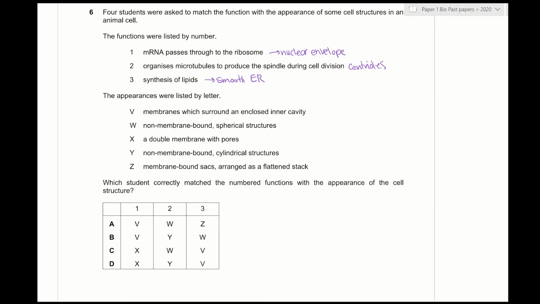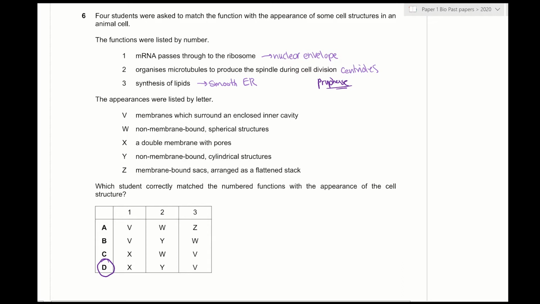As we all know, it's the centrioles found in the centrosomes that organize the spindle fibers during cell division, particularly in prophase. 3. Synthesis of lipids. We all know that the smooth endoplasmic reticulum is responsible for the synthesis of lipids and steroids such as cholesterol, which is used in cell membranes. Therefore, the answer is going to be D.